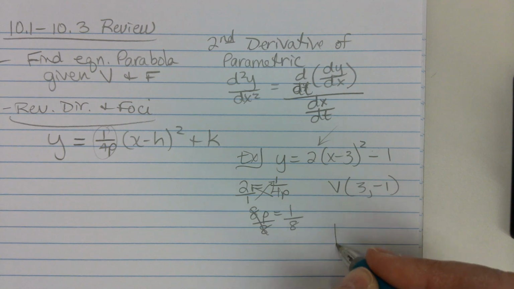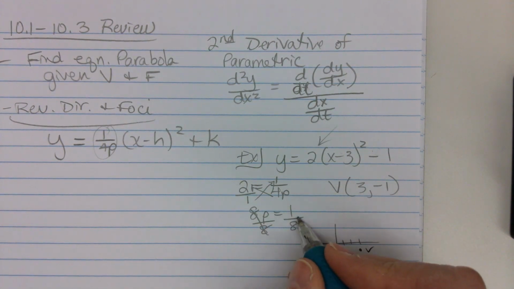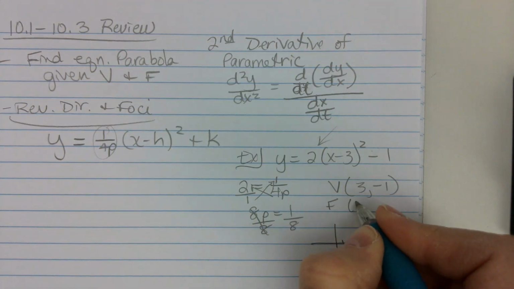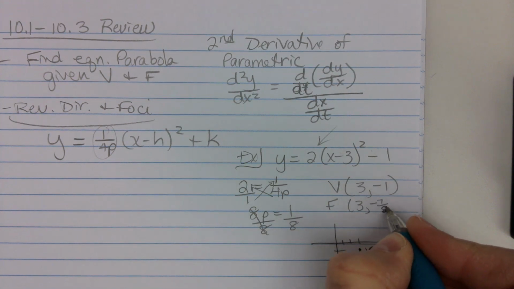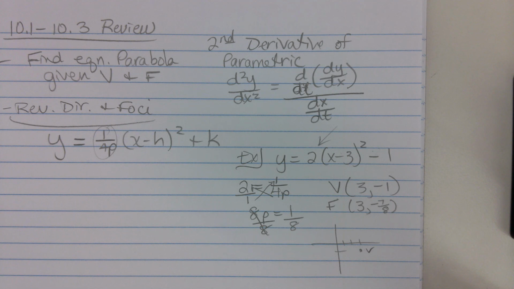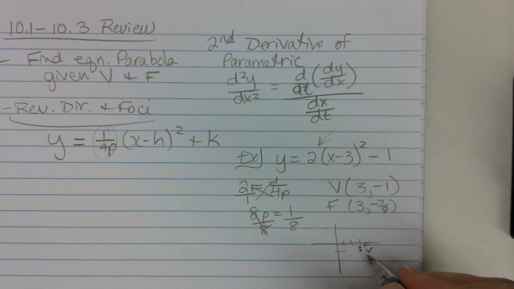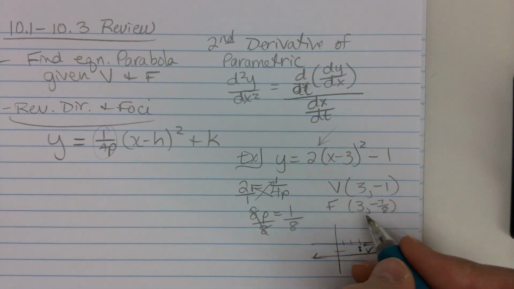If I go from 3, negative 1 up 1/8 unit, the focus, instead of being 3, negative 1, is 3, negative 7/8. So p is the directed distance between the vertex and the focus.